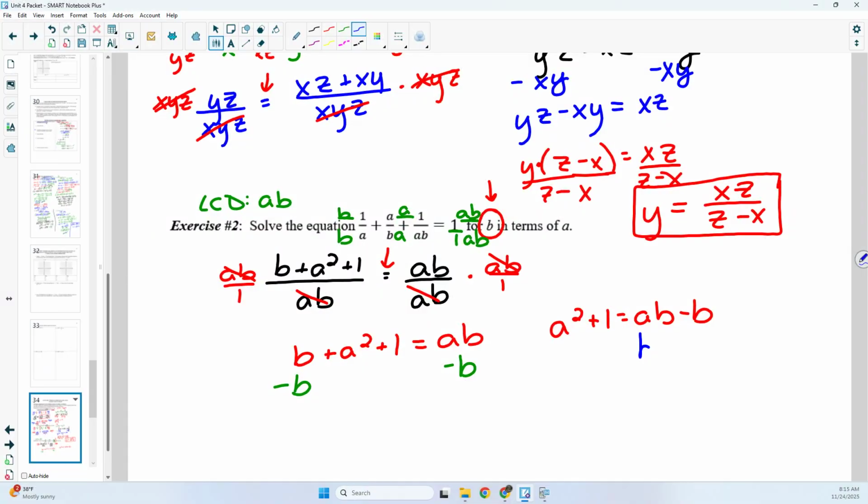So now that the b's are together, I can factor it out. And then now that there is only one b, I can divide. So final answer is b in terms of a.